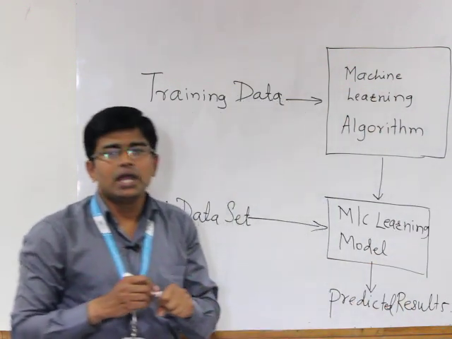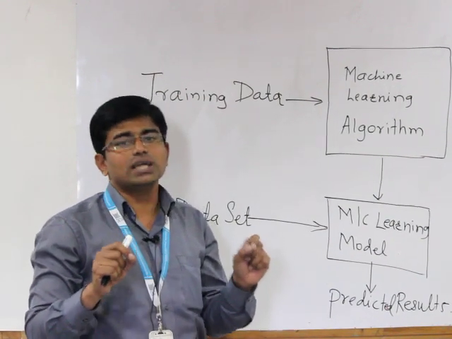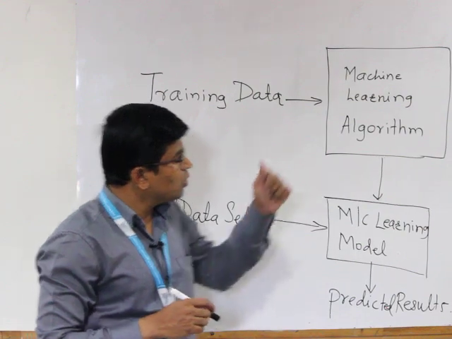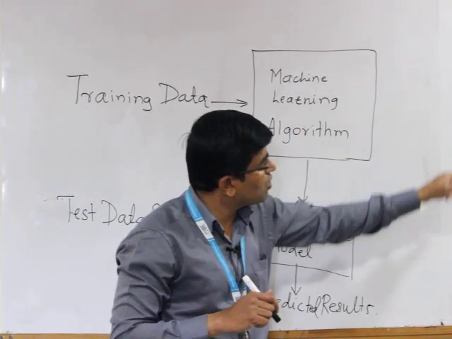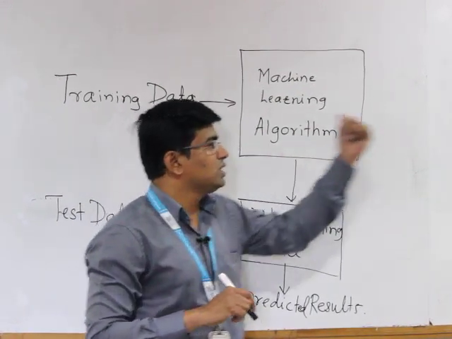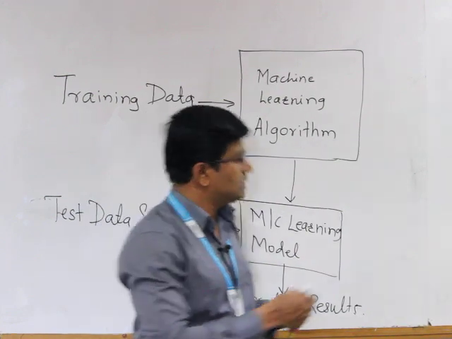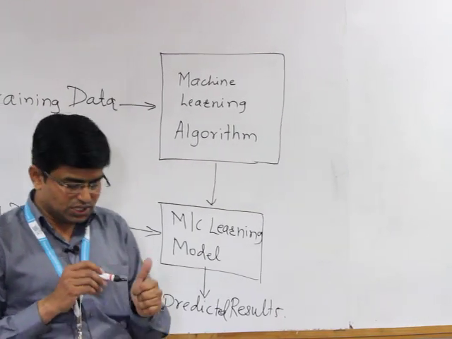That tabular form is known as the confusion matrix, or it is also called the contingency table. In the contingency table we represent the predicted results in columns and the actual results row-wise.